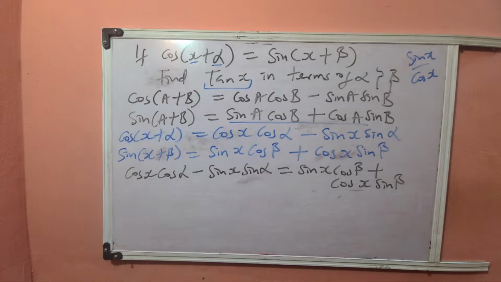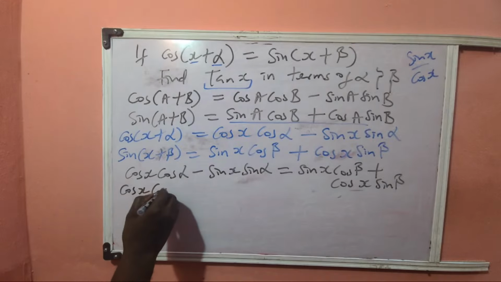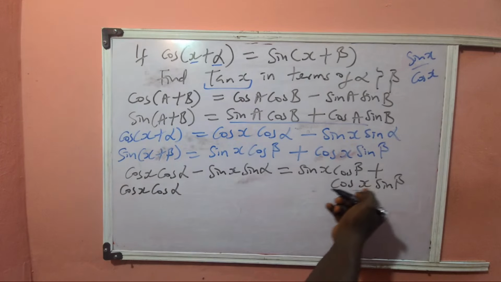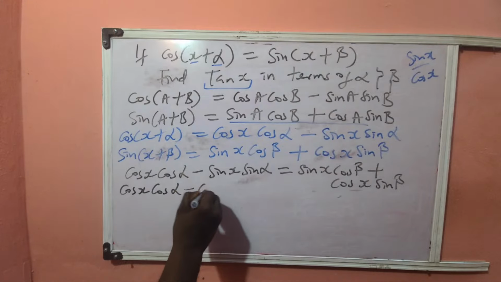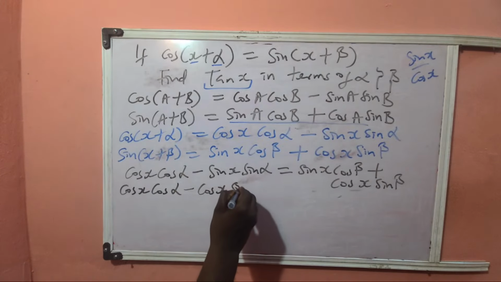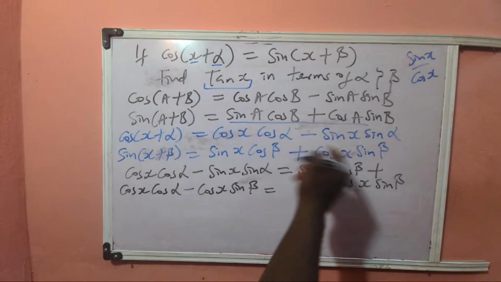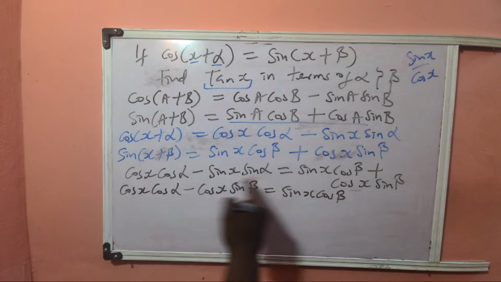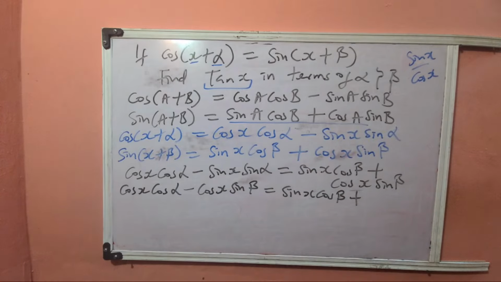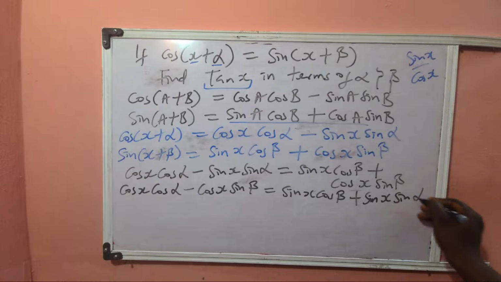So if I move all the cos x to this side, of course, I have cos x cos alpha. Then I have cos x sine beta. When it comes to this other side, we return to minus cos x sine beta. Then I'll be having equals to, now we have all the sine x in this other side. Then I'll move this one here, this will be plus sine x sine alpha.